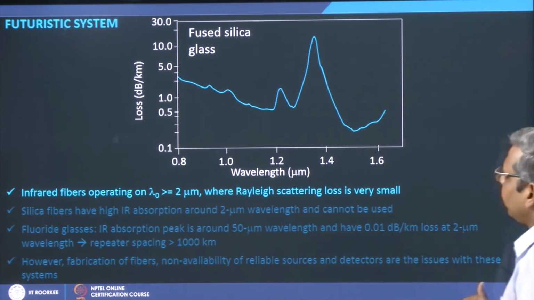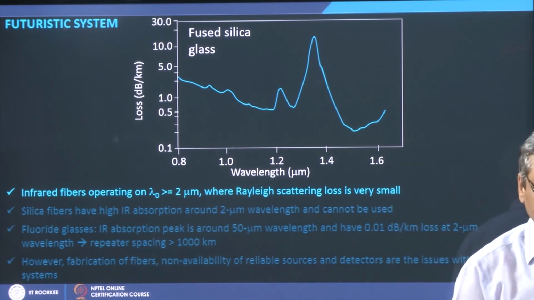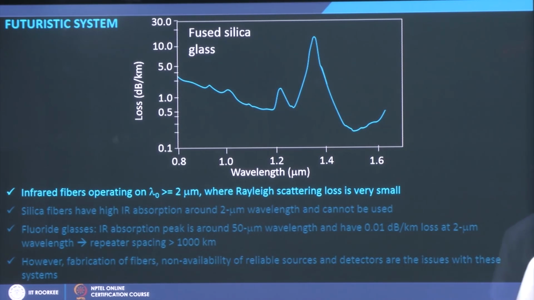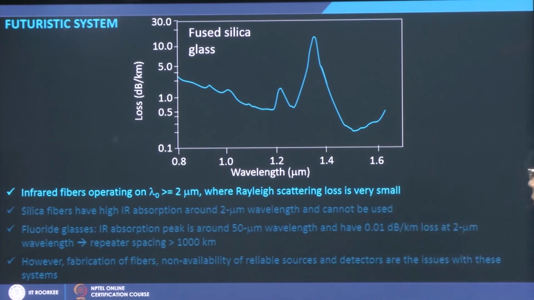If I go towards longer wavelength, then I can still decrease Rayleigh scattering loss. For example, if I operate around 2 micrometer wavelength, the Rayleigh scattering loss can be brought down a lot.